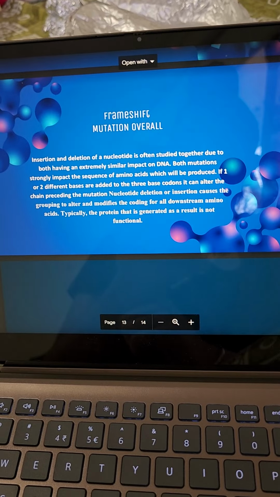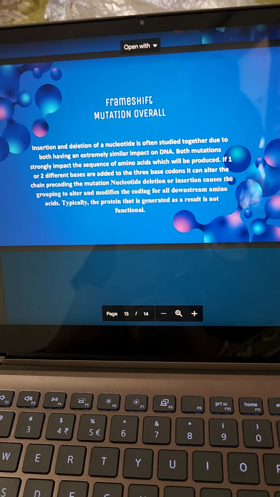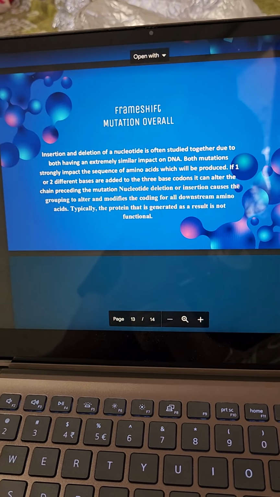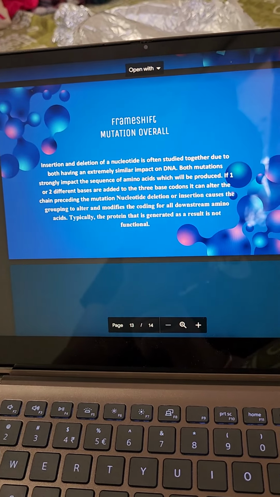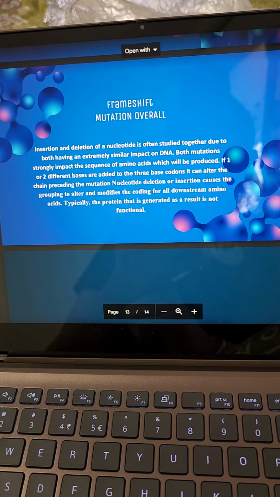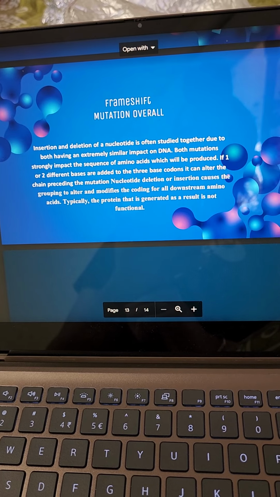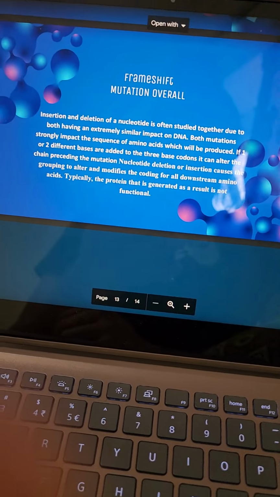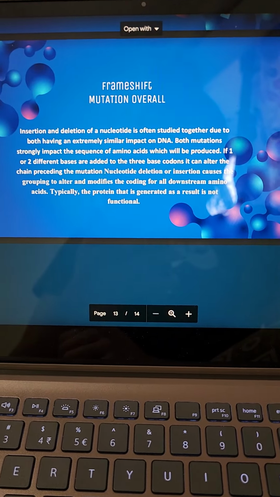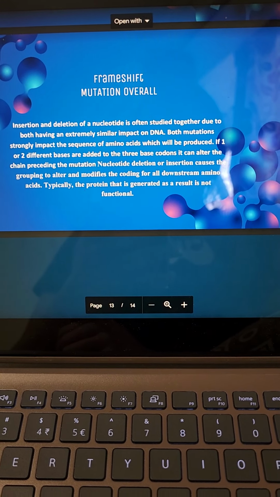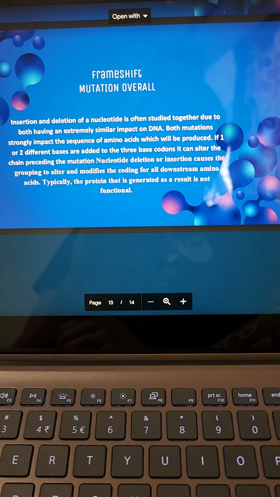Frameshift mutations overall. Insertion and deletion of a nucleotide is often studied together, due to both of them having an extremely similar impact on DNA. Both mutations strongly impact the sequence of amino acids, as can be seen here, which will be produced if one or two different bases are added to the 3 base codons.